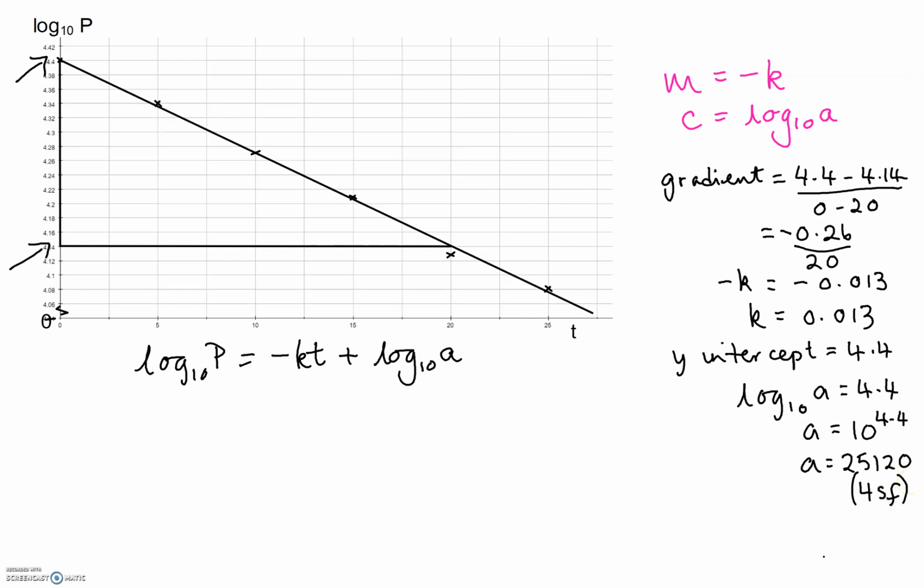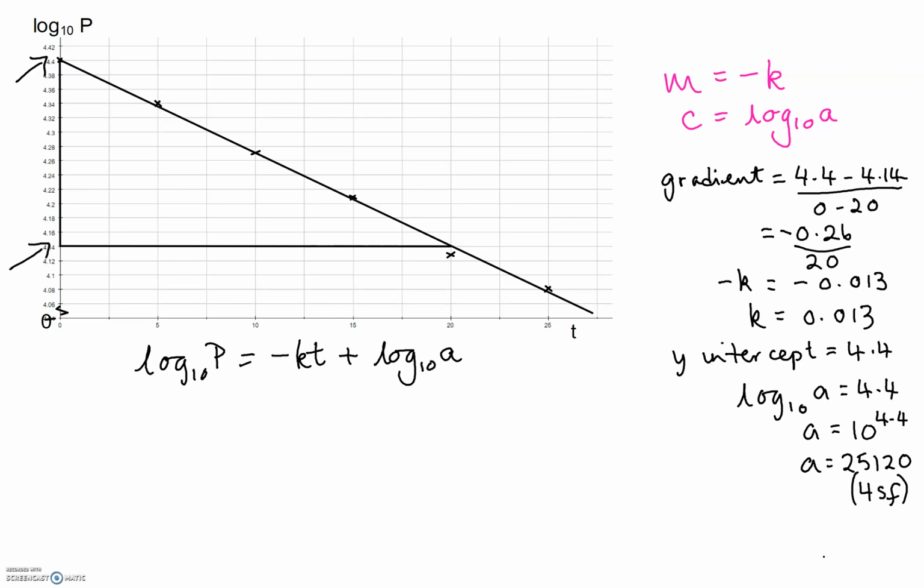The value that we were given in the table at the beginning was a start value of 25,000. That's the population of the sparrows in 1980, which is the same value to 2 significant figures.